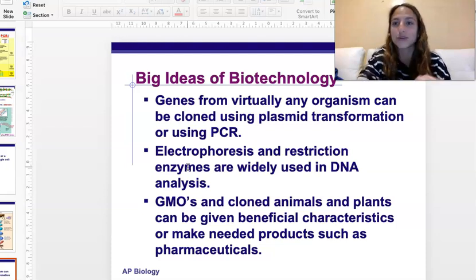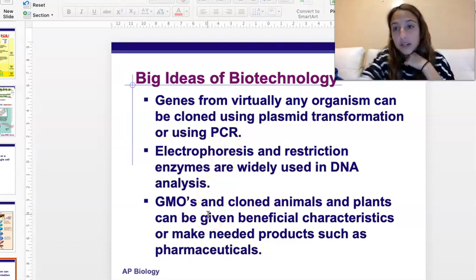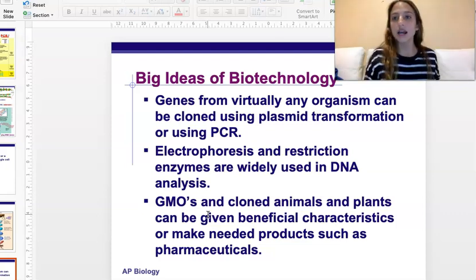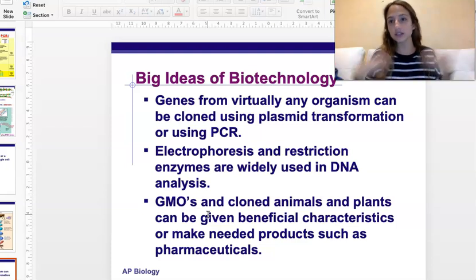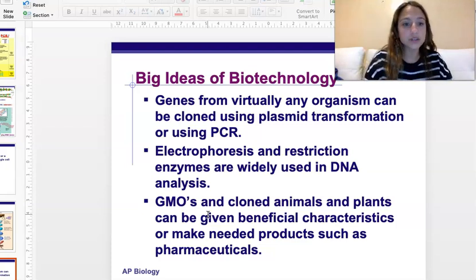We're going to be talking about the coronavirus soon and how you can test it with PCRs, if you've got the virus or you don't, so we're going to talk about that soon. You can also create genetically modified organisms, or organisms that are transgenic, trans meaning more than one organism, genic meaning genetics, so more than one organism's genetics in that organism, and you can clone animals as well.